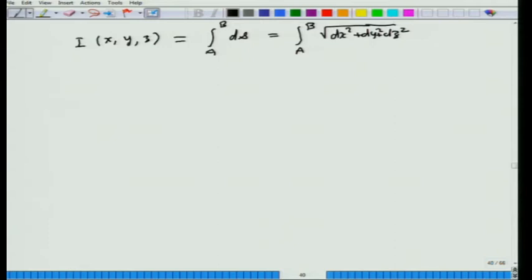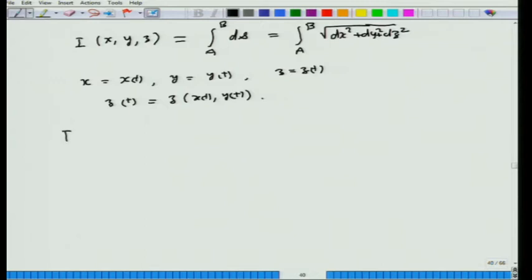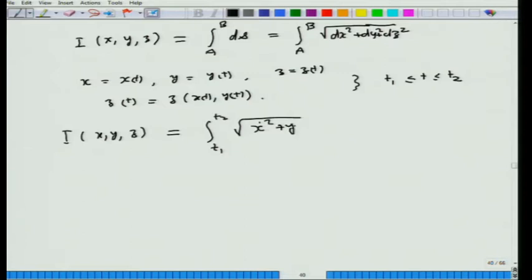So, if you parameterize this, x as x of t, y as y of t, and z as z of t, such that on this surface z of t is given as a function of x of t, y of t, then I of x, y, z will be given by the integral, with t ranging from t1 to t2, of square root of x dot square plus y dot square plus z dot square dt.